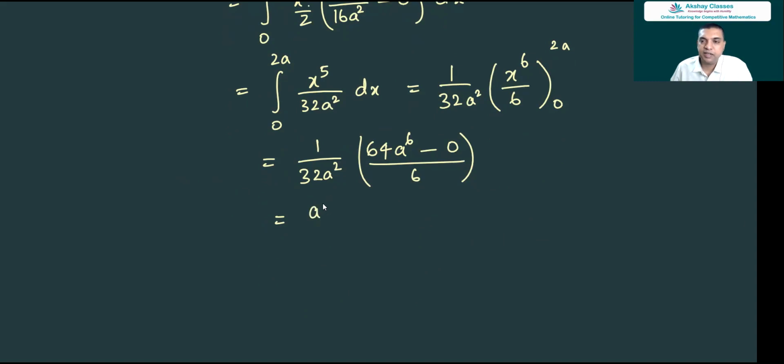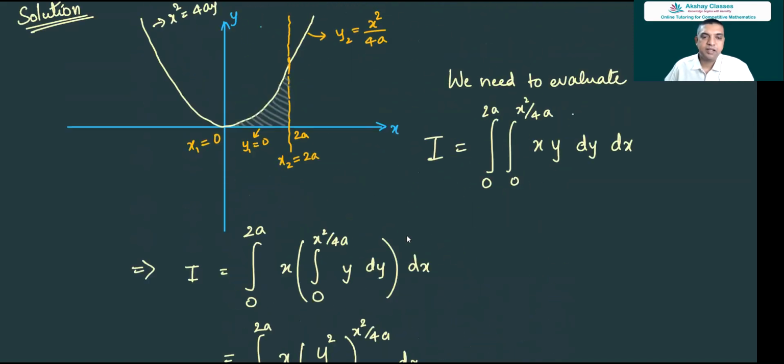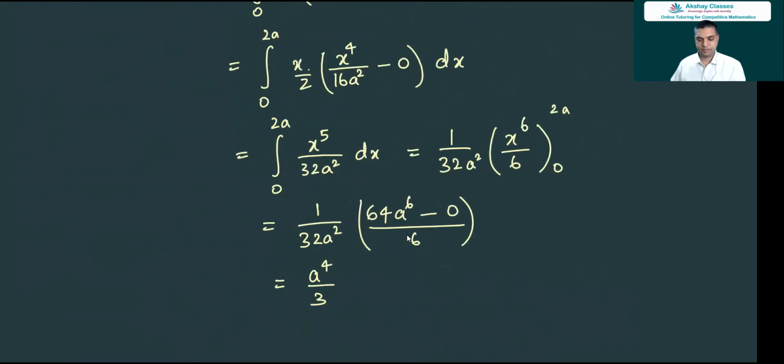So we get a power 4 by 3. This is the answer. So I integral is a power 4 upon 3. So this was a problem in which the limits of integration were not specified, but we had to find the limits of integration and solve for the integral.